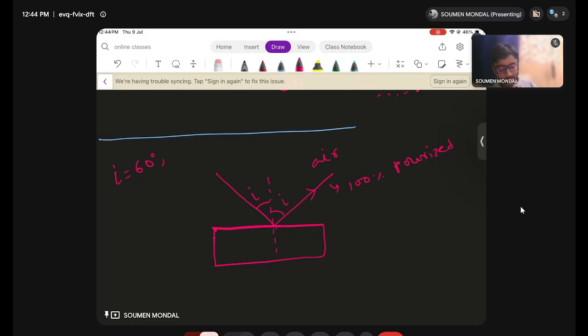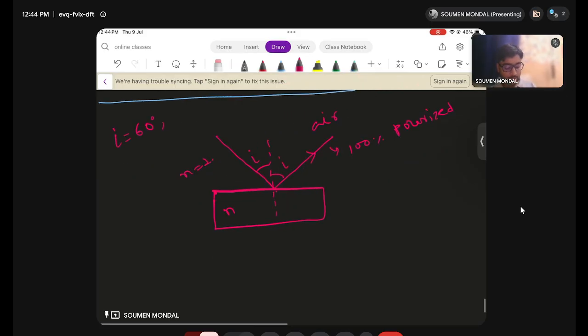They want to know the refractive index of this medium, and since this is air, refractive index n1 will be 1. So theta is tan inverse of n2 by n1, or here n1 is 1, so n is tan theta. So it is tan 60 degrees.